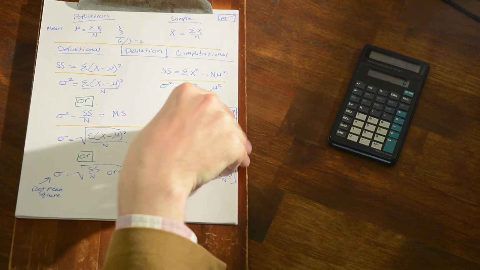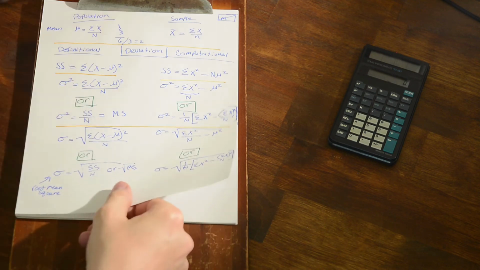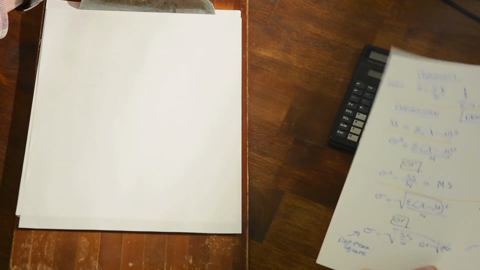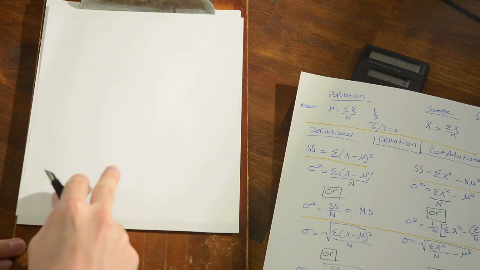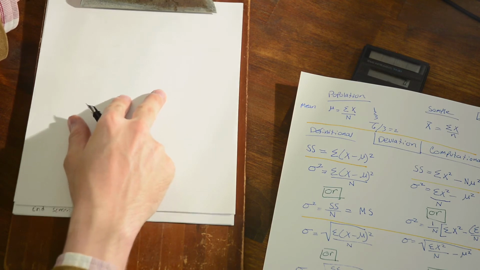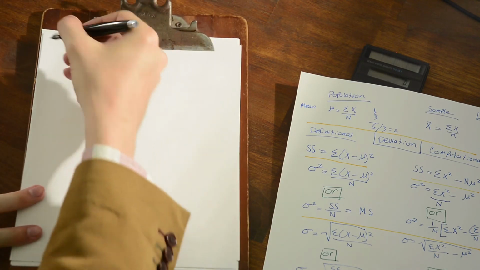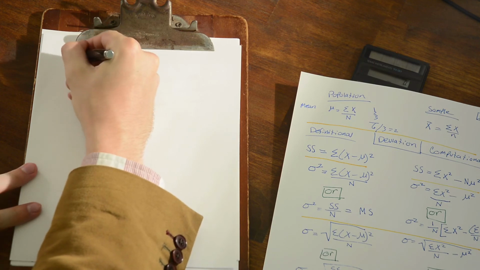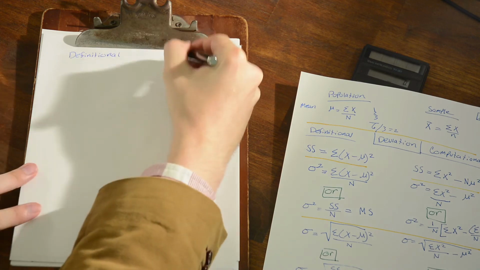All right. Now that we have our population parameters out of the way in terms of our variance, we're going to need a new page, and we're going to talk about our sample statistics and the measures we use for these. Get that back under there. So, how are we going to do this? Well, we're still keeping definitional and computational.